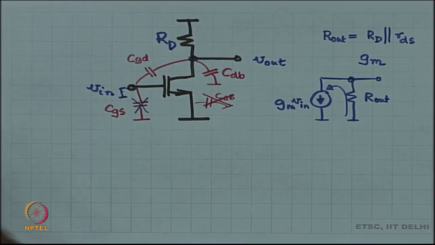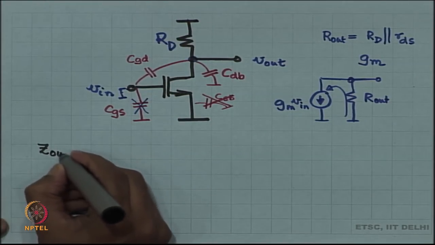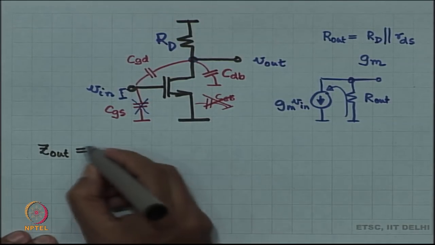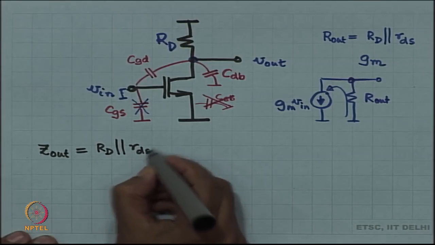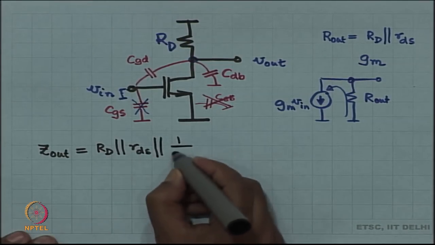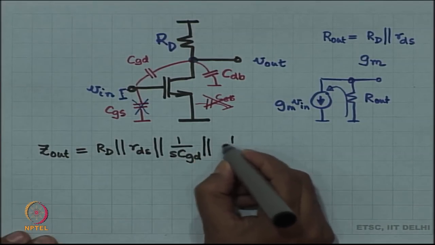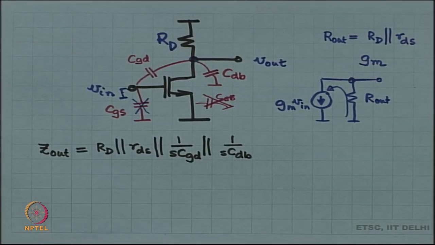And therefore, the output impedance is the parallel combination of RD, RDS, CGD, CDB.